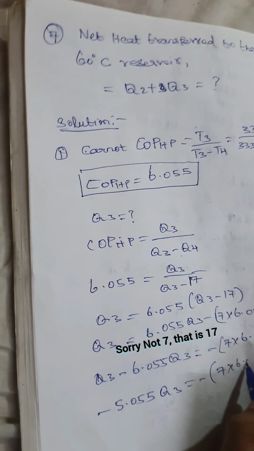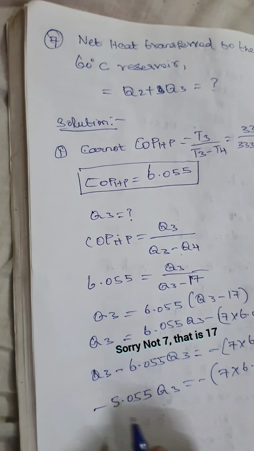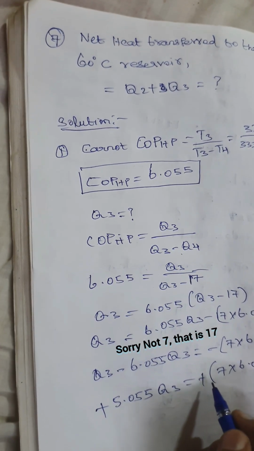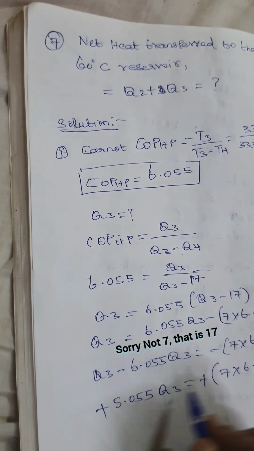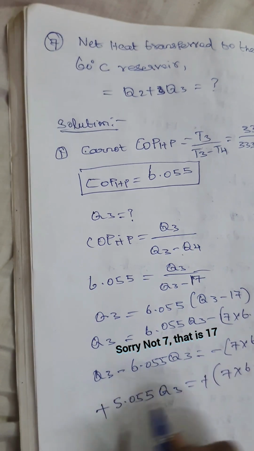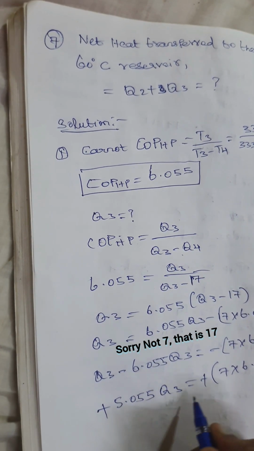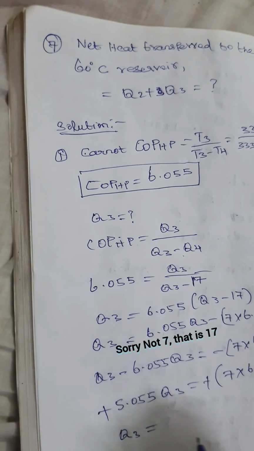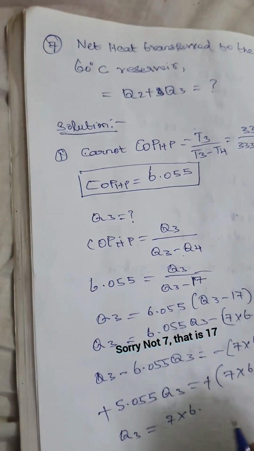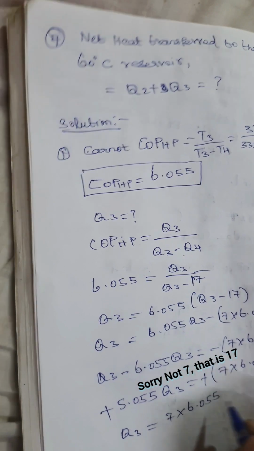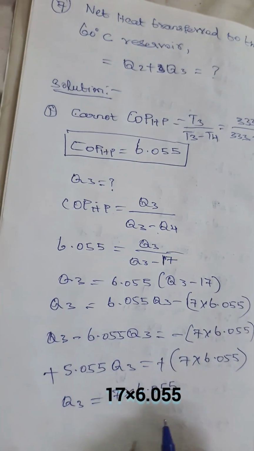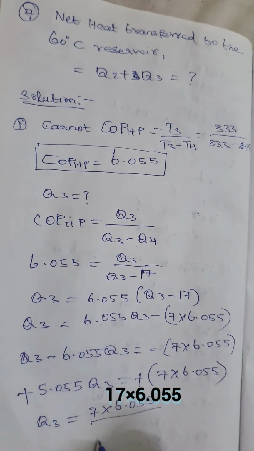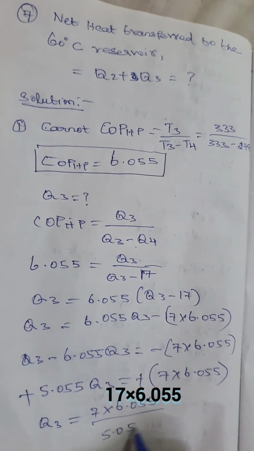Now this minus and minus will cancel, and you can consider it as plus. I think you know very well, this is basic mathematics. Now the Q3 value will be 17 into 6.055 divided by 5.055.